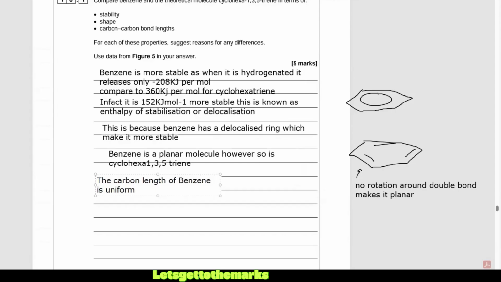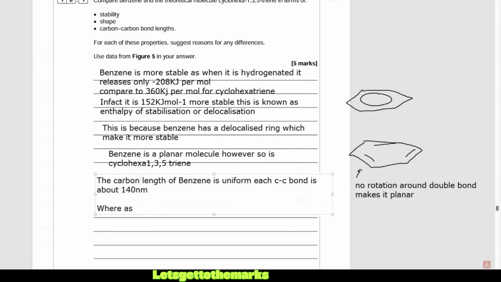Now the carbon bond lengths, hopefully we get another 2 marks here. The bond length of the C-C bond in benzene is about 140 nanometers, depending on what textbook you look at. Whereas a single carbon-carbon bond is like 154, again depending on what you look at. Some say 156, but 154 nanometers long. Whereas a double bond, which is shorter and stronger, is about 133 to 134.